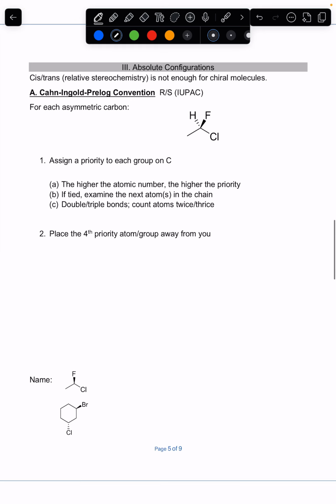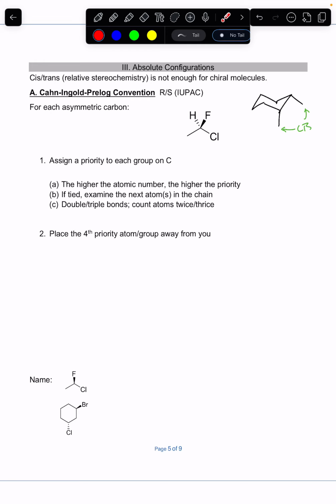Earlier in the semester, we talked about cis and trans stereochemistry. For instance, these two methyl groups are cis to each other. These are cis relationships because they're on the same side of the cyclohexane, the bottom side or the beta side.